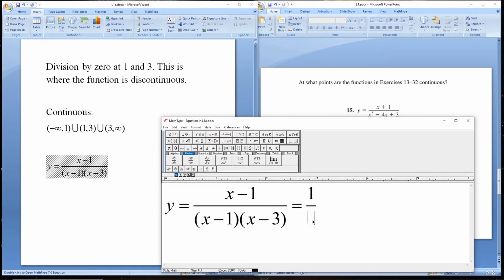And this is then a hole function right here. So when you have x minus any number, so x minus c, if you have x minus c divided by an x minus c, and these divide out, that's a hole. If these don't divide out, like in the problem we just did, because that was a plus 1, then you have a vertical asymptote.